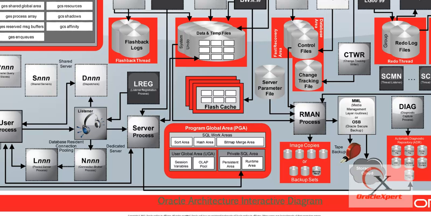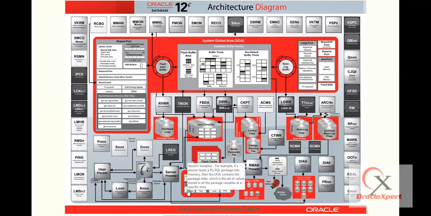Some of the primary residents of the PGA are SQL work areas. A work area is a private allocation of PGA memory used for memory intensive operations. As an example, a sort operator uses the sort area to sort a set of rows.